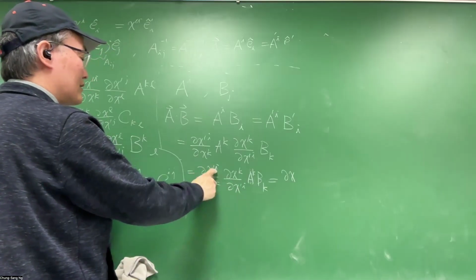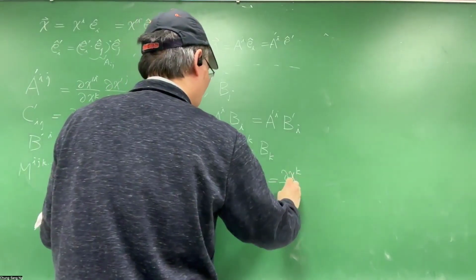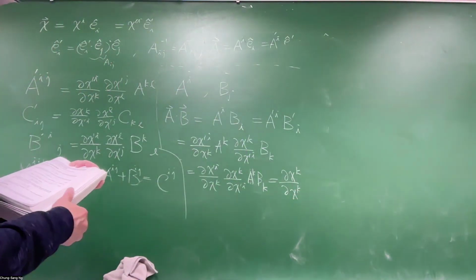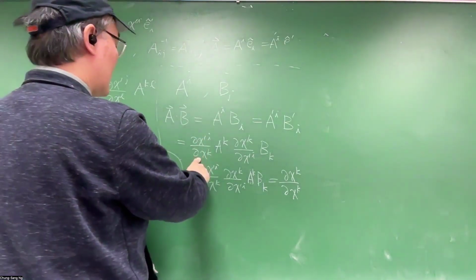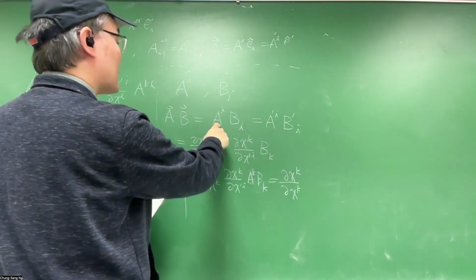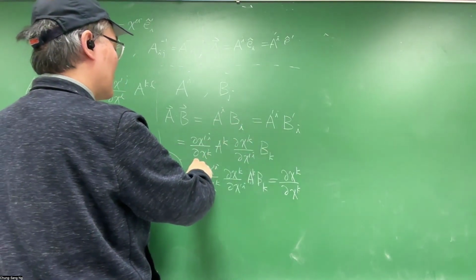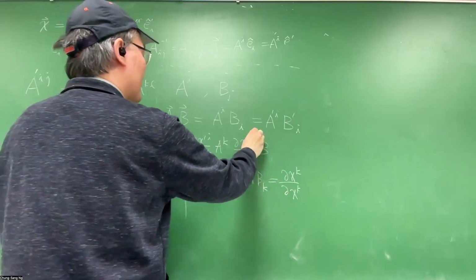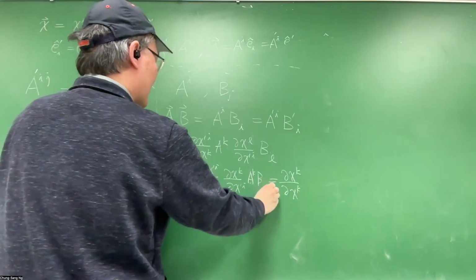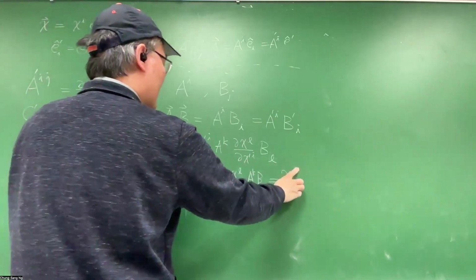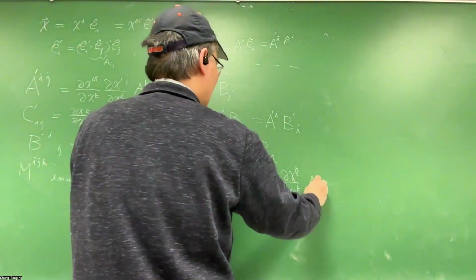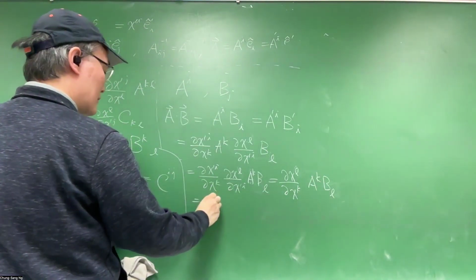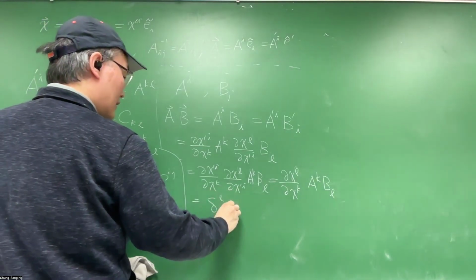You can sum over i, and ∂x^k over ∂x^l becomes the Kronecker delta. This should be l, so this is δ^k_l.